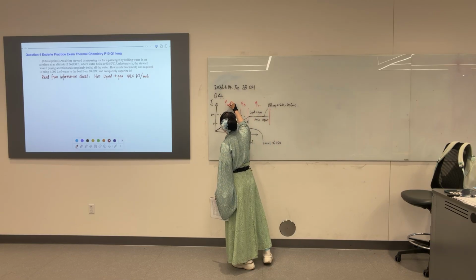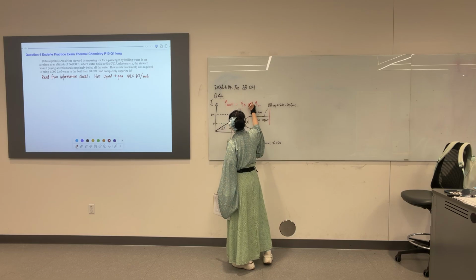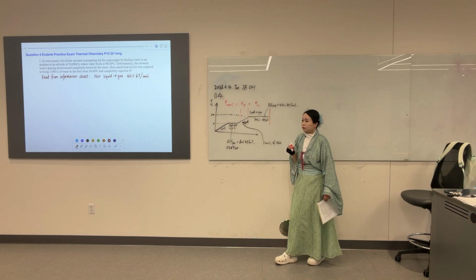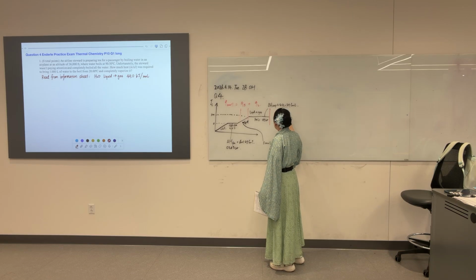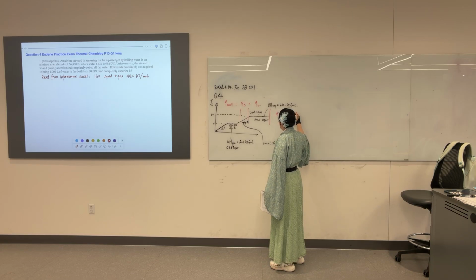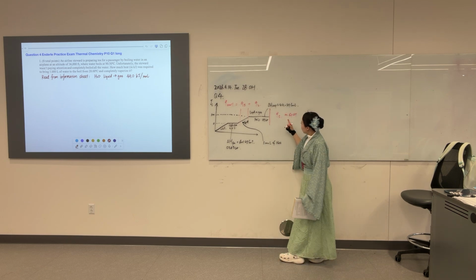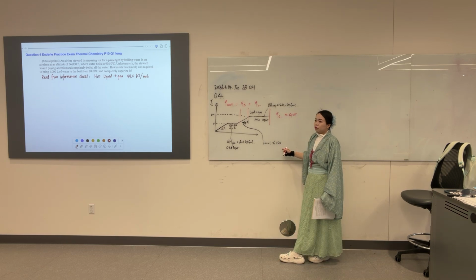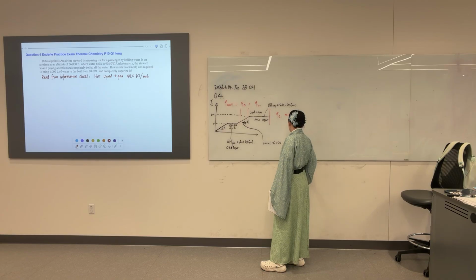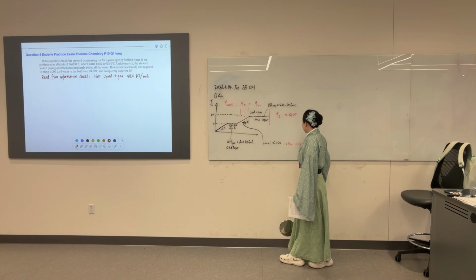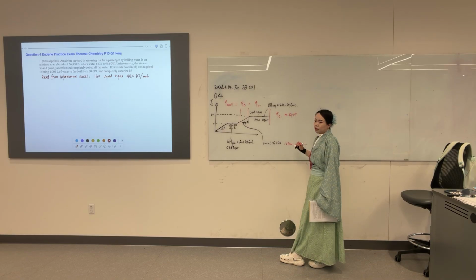So your Q overall equals these two stages. For Q1, you use mCp delta T. How does the m go? You have 1 liter of water, from volume to density, you'll get mass.